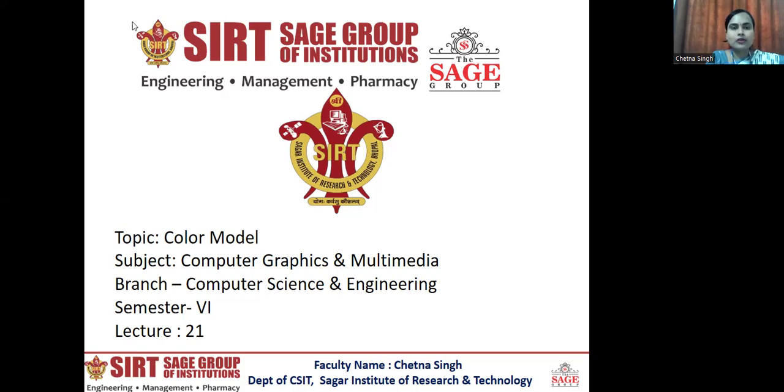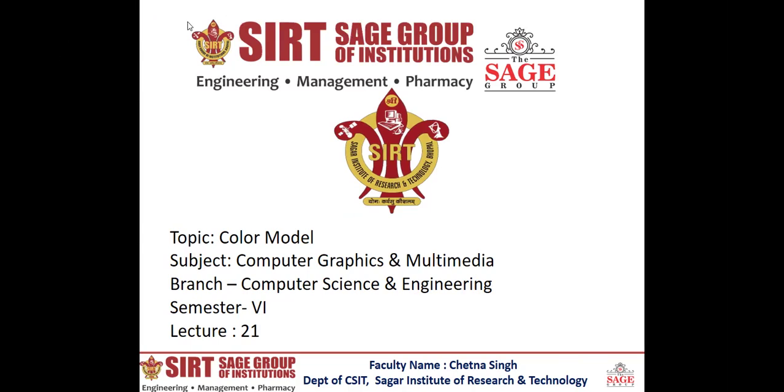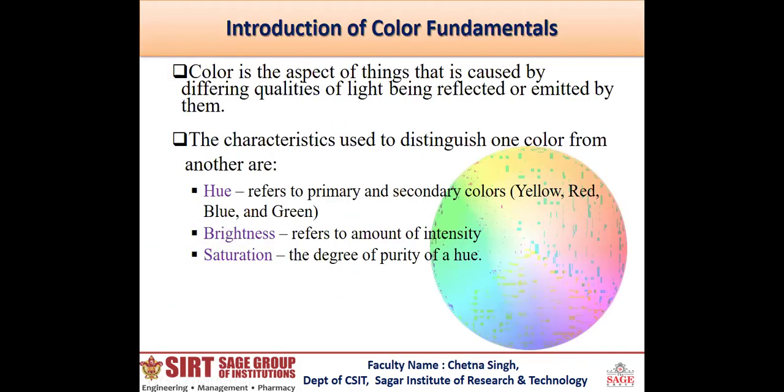What is the color model? Firstly, we have to know what a color model is. Color is basically the effect caused by differing qualities of light being reflected or emitted by things. The basic characteristics used to distinguish one color from another are hue, brightness, and saturation. Hue basically refers to primary and secondary colors.